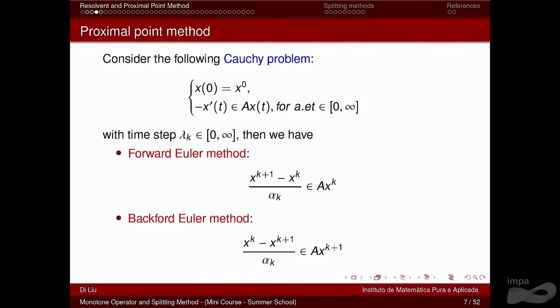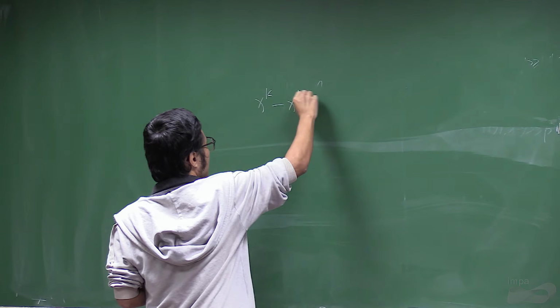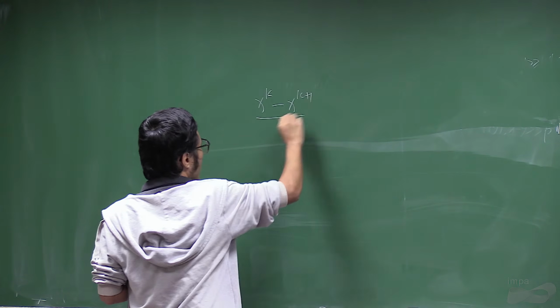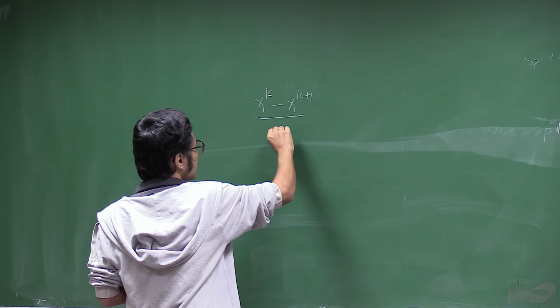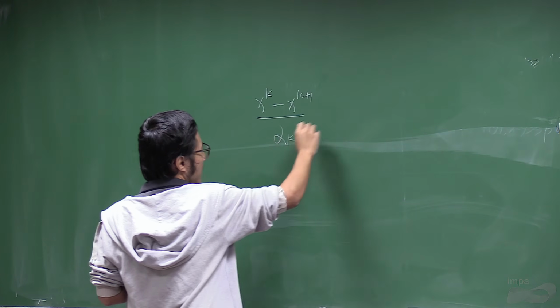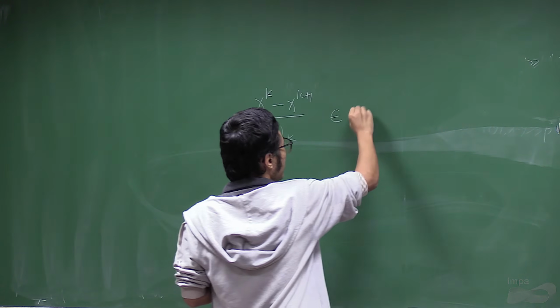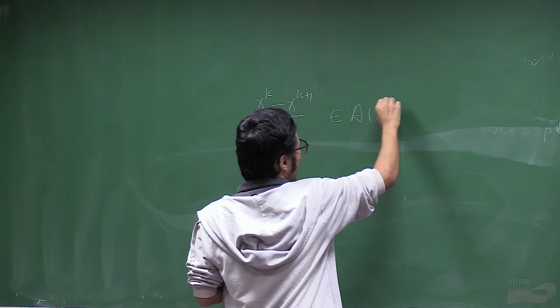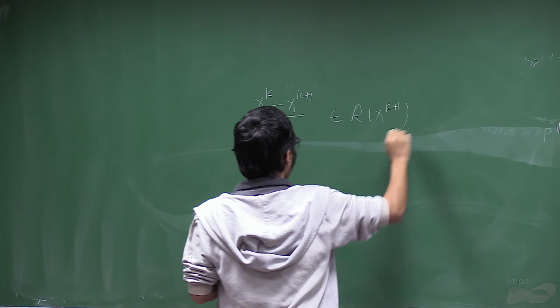From the backward Euler method, we have (x_k minus x_{k+1}) over alpha k belongs to A x_{k+1}.